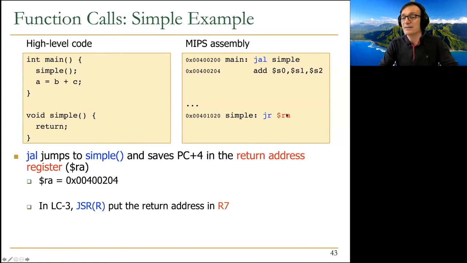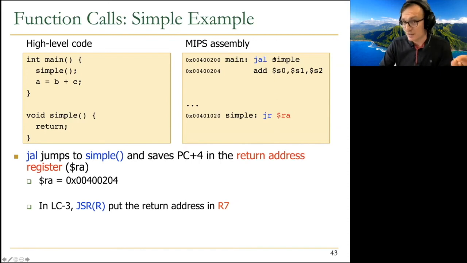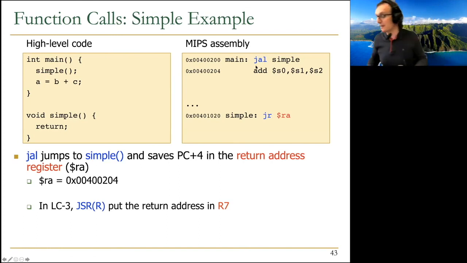In assembly, you can assume that after you do a jump and link, the return address, meaning the instruction after jump and link, will be stored in RA in the callee. Okay, so basically that's why you can do jump register RA and then go back to this add instruction that comes right after jump and link. Hopefully that makes sense, right? This makes life easier in programming.